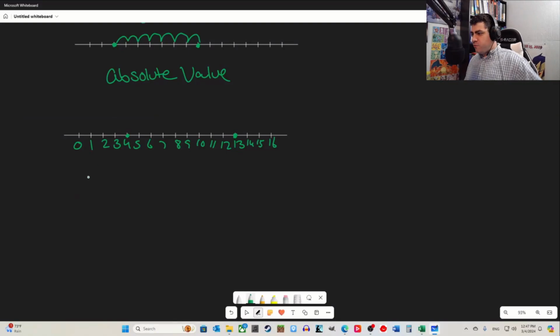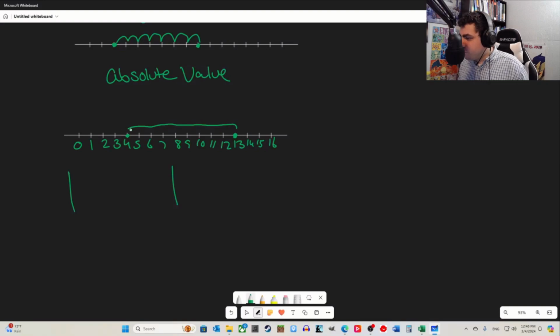So we have the absolute value. We all got to start with absolute value, right? Because we're working with distance. We want a positive number. So let's start with the larger number. Why the larger number? I'm going to show you why. From 0, you want to find this distance.